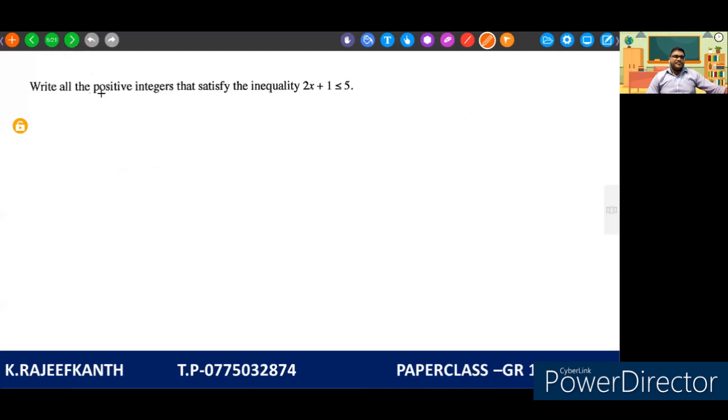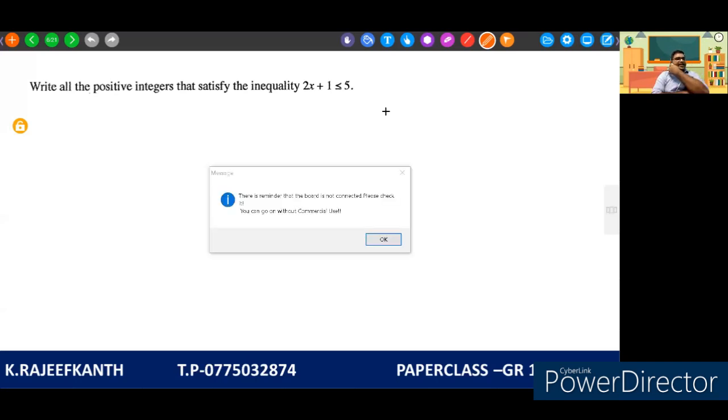The next one. Write all the positive integers that satisfy the inequality 2x plus 1 less than or equal to 5.